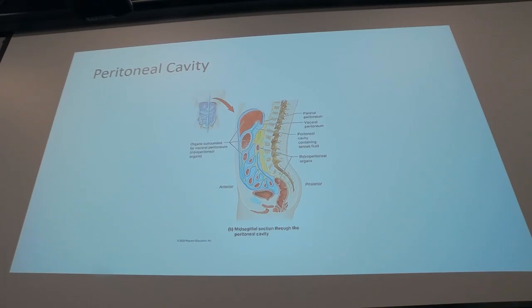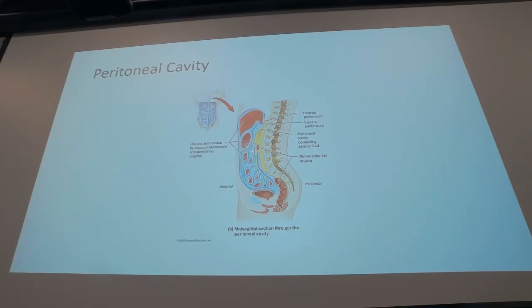So here is the mid-sagittal view of the parietal peritoneum, and this parietal peritoneum reflects or bounces back and then starts surrounding all the different organs, including the loops of intestine, large intestine, small intestine, the stomach, which is here, and the liver.